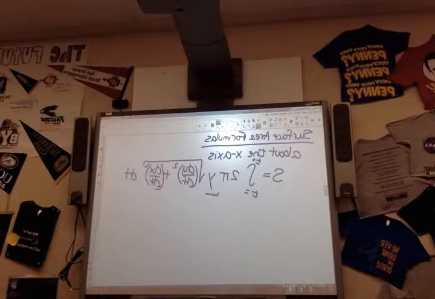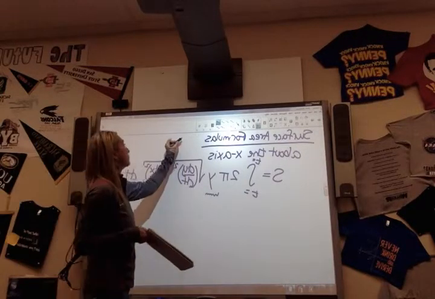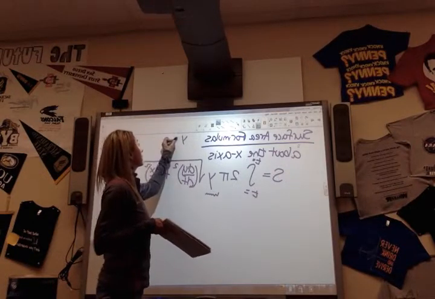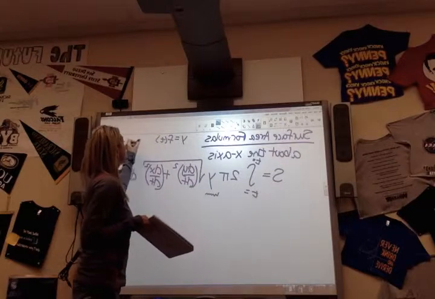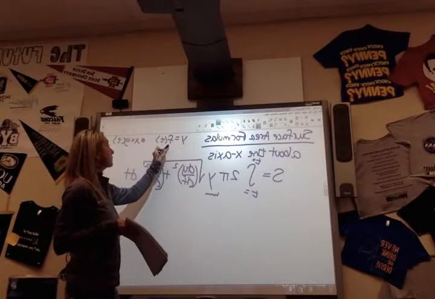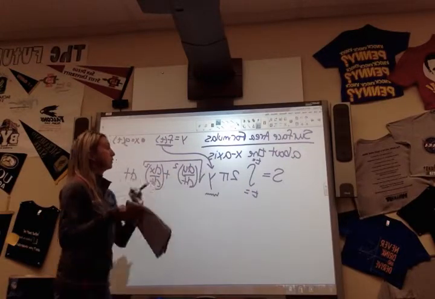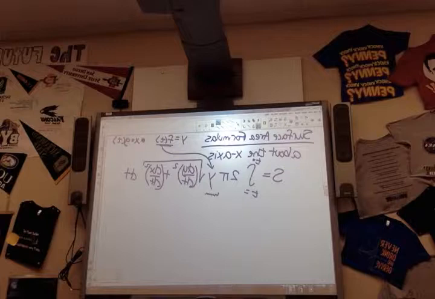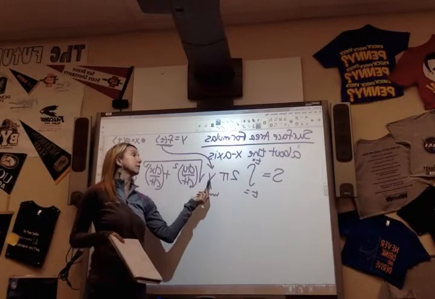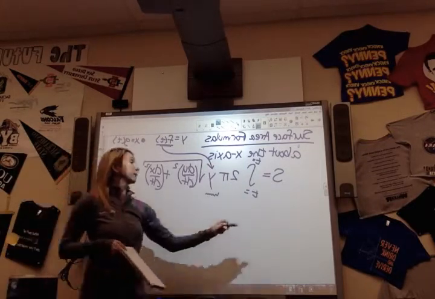It is the function in terms of time, like f of t or g of t, however you defined it. So I'm going to write this. This is what would be in for that y. Do not put the letter y. Whatever the function was in terms of time, that's what you put there. So if it is about the x-axis, it is the y that goes in there.